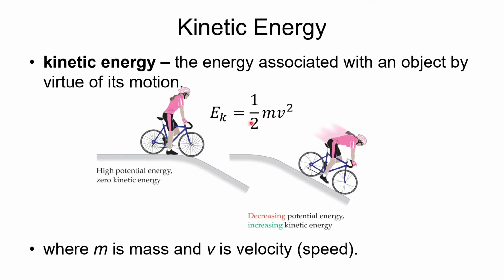So calculating the kinetic energy of an object is relatively easy as long as we're just looking at the whole object. Now, it turns out calculating the kinetic energy of a person on a bicycle gets a little bit complicated because of the rotational motion of the wheels and stuff. But if we were just to look at the object as a whole, we could calculate the kinetic energy.